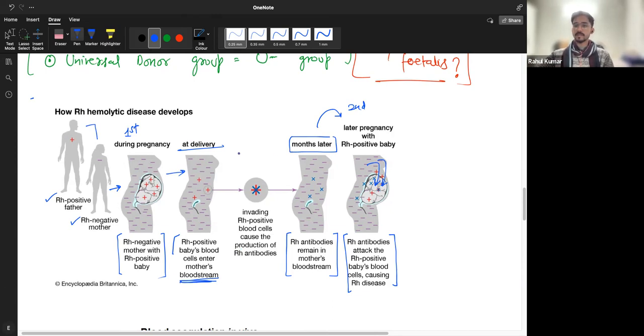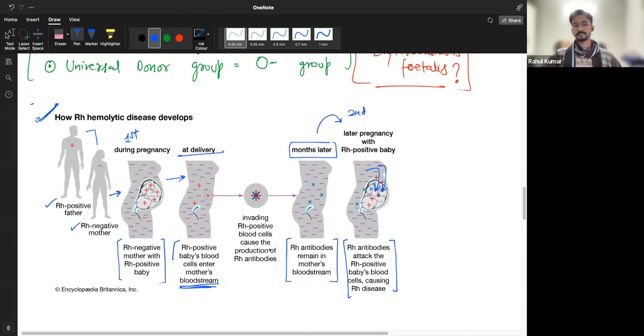So that's erythroblastosis fetalis and how we can avoid it. If you would like to note anything from here, please do that, or should I move forward? Should I go forward, people?